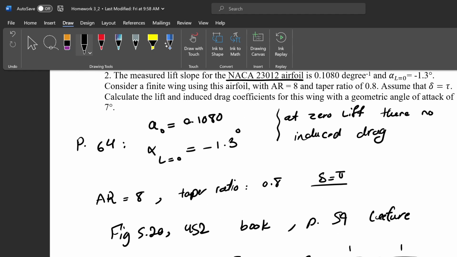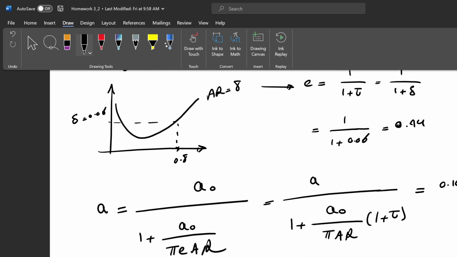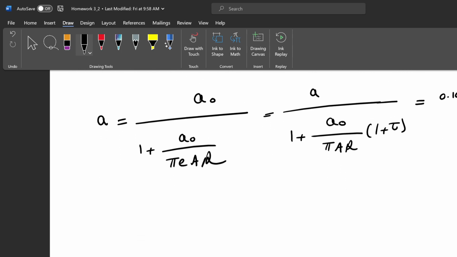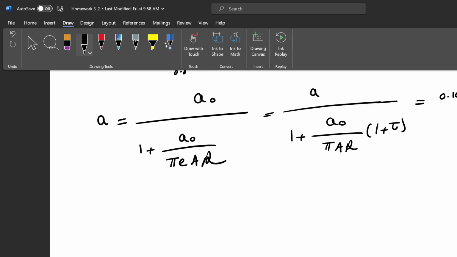You see the lift slope is not very different, up to 3 decimal digits, which means that the induced drag shouldn't be that dominant, should be very, very small.